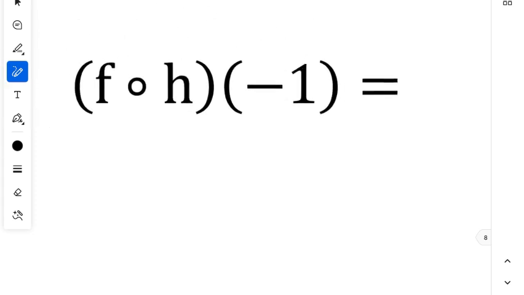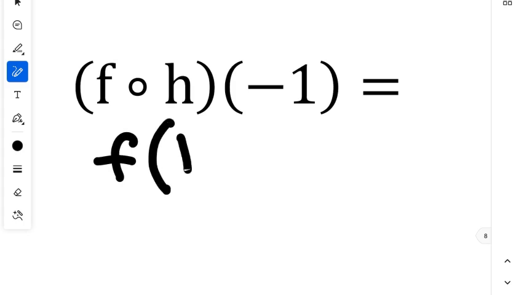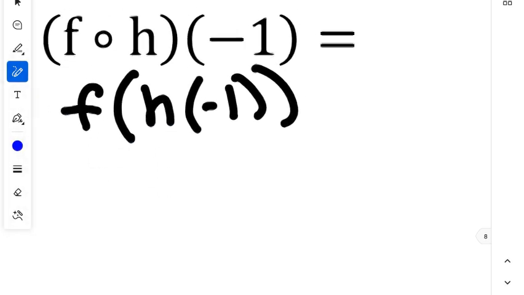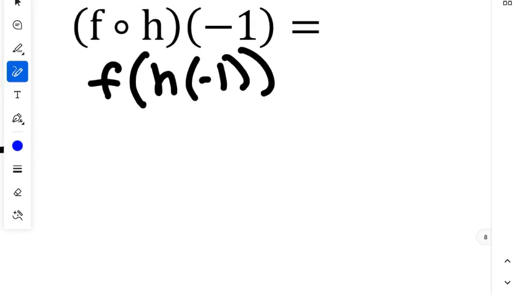All right, let's go to f of h of x. F-O-H, I don't even know. So we need to rewrite this so it makes more sense. So we're going to put the f first and then of h of negative 1, like that. That's what that means. So we got to do what's inside the parentheses.